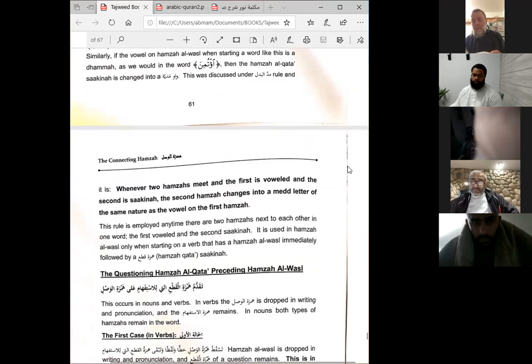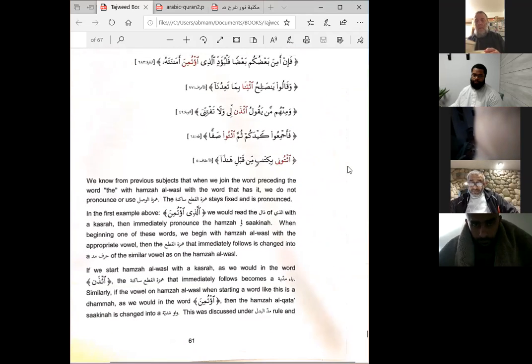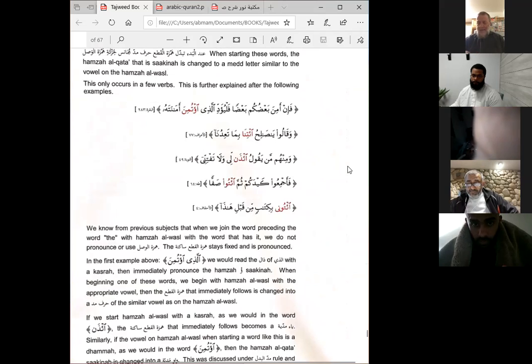Yeah, I have a question. What's the question? So essentially, these are all the examples of Hamzatul Wasl preceding Hamzatul Qata'. You said it only occurs a few times. Are these all of those that she's mentioned, or are there more? There are a few more.